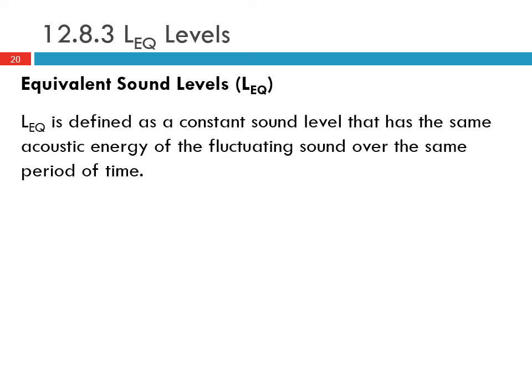So last we can talk about equivalent sound levels, or LEQ, which is defined as a constant sound level that has the same acoustic energy as the fluctuating sound over the same period of time.